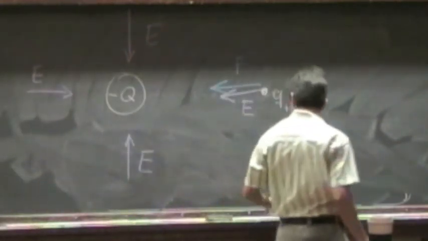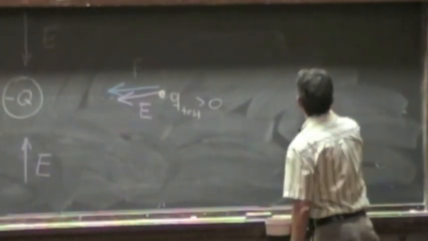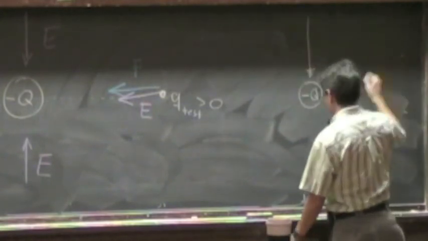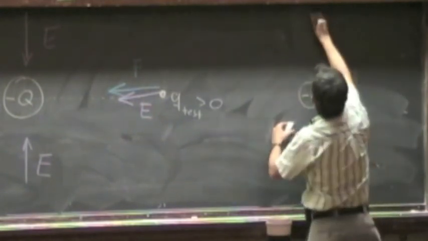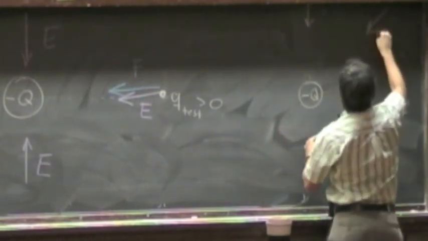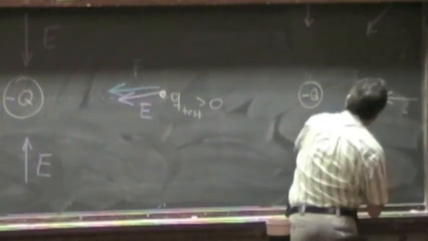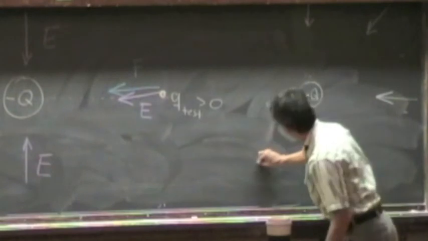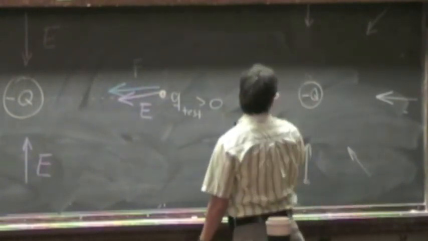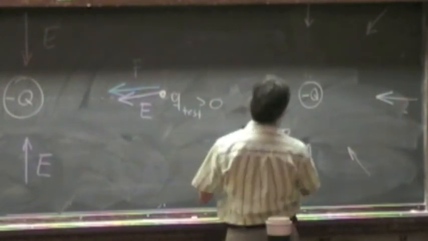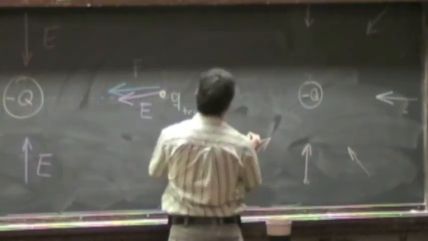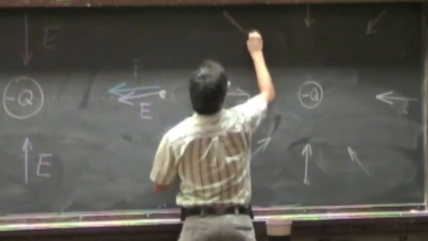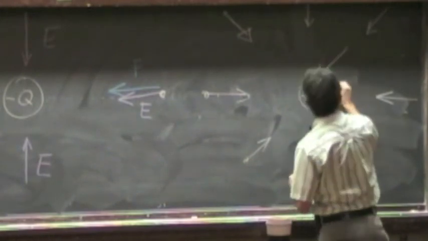So the picture of the electric field around a negative charge is like this. And when you get closer, your vectors are bigger.